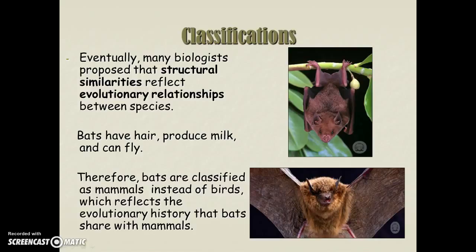It was found that bats have hair, which birds do not. It was found that they produce milk, which birds do not. So even though they are very similar to birds in that they have wings and the ability to fly, they had more characteristics in common with mammals, and so they were grouped with mammals as a result. This is just one example of how classification has helped in the grouping of organisms.